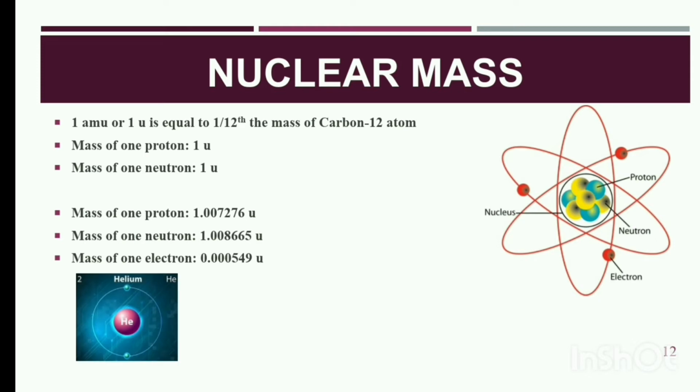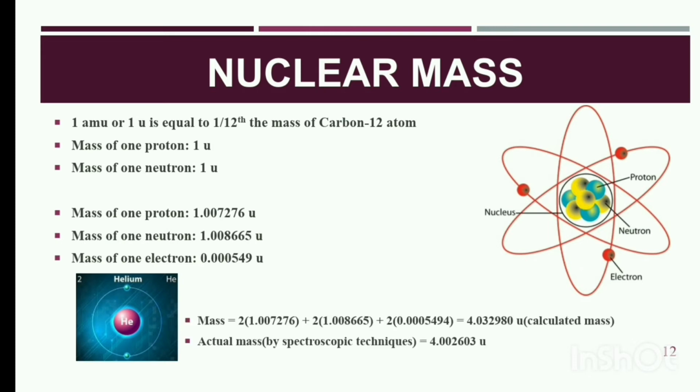Now, let's take an example: the helium atom. It consists of 2 protons, 2 neutrons, and 2 electrons. So its mass should be equal to 2 times the mass of a proton plus 2 times the mass of a neutron plus 2 times the mass of an electron. If you calculate this, you will get the value to be 4.032980 U. So this is the calculated mass.